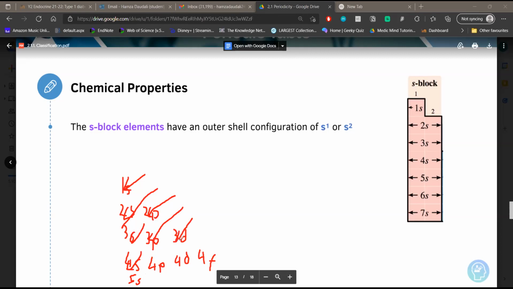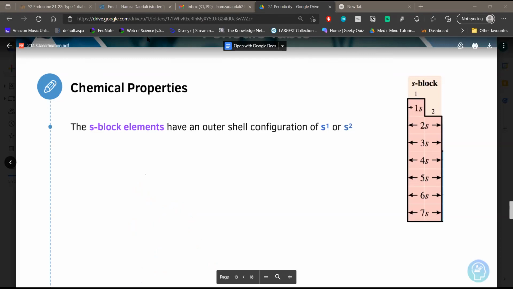Then 3d, followed by 4p, followed by 5s, and then you keep going in that configuration. Does that make sense? You draw diagonal arrows, so you get this ladder, and then you draw diagonal arrows to see what fills up first. All make sense so far?